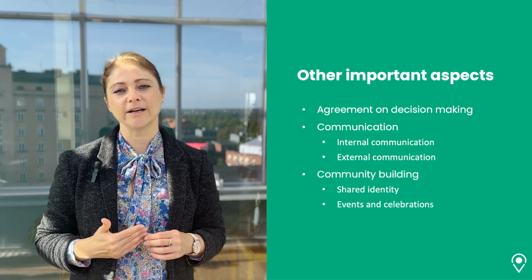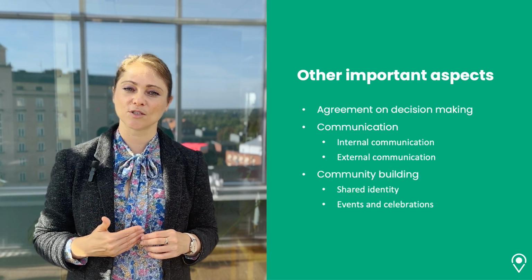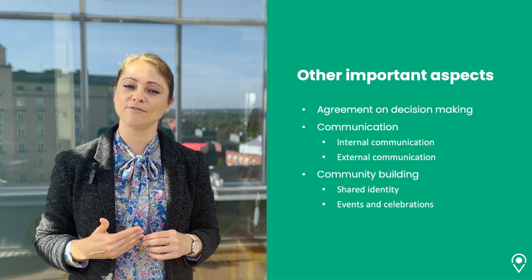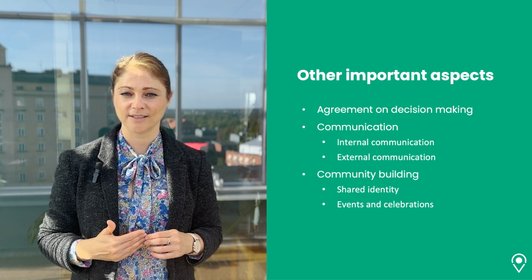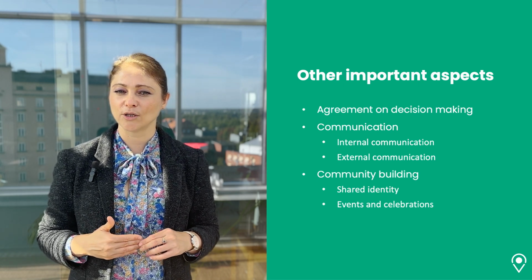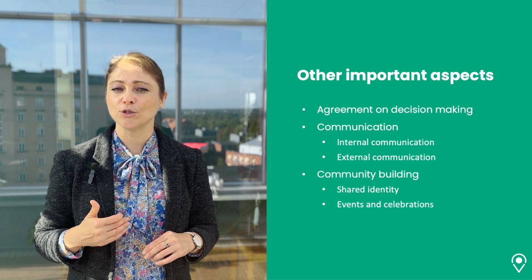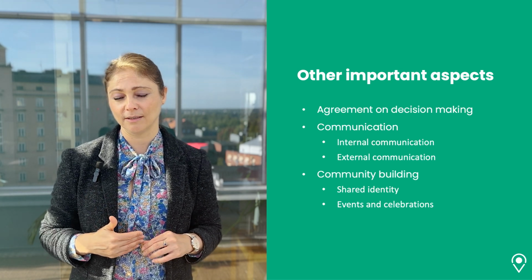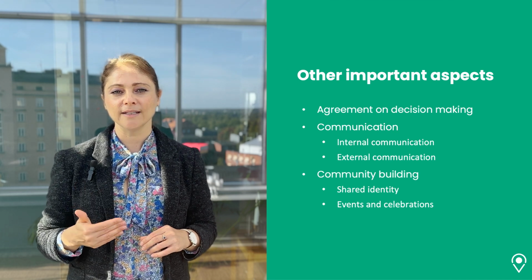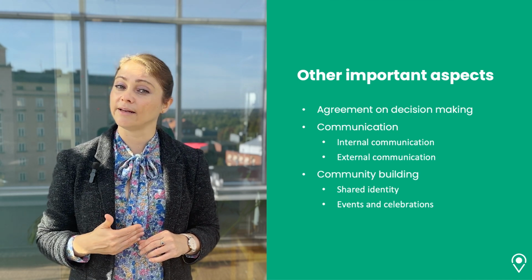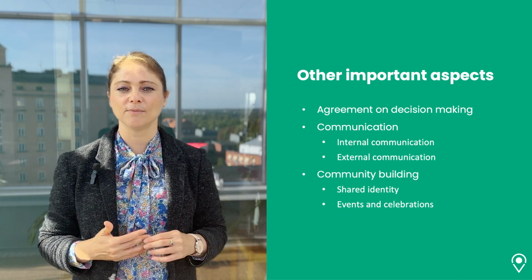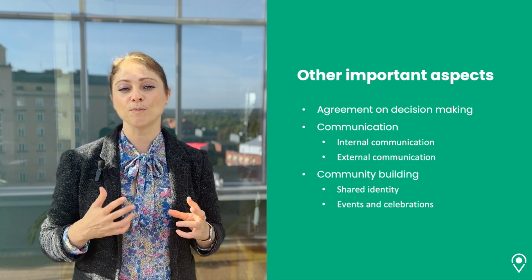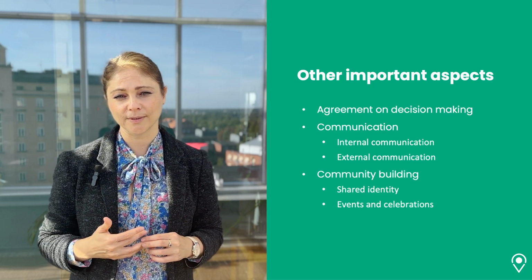For voluntary collective action to work, one of the success factors is the trust that members have in each other and in the mission. Therefore, the more we can build a community of the arena members, the more they share a common identity, the more engaged they will be. To create this, it is good to give the arena a name, just as Uppsala has named its long-standing arena the Uppsala Climate Protocol.